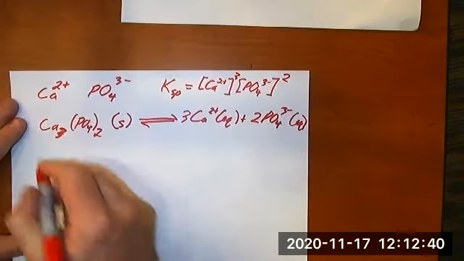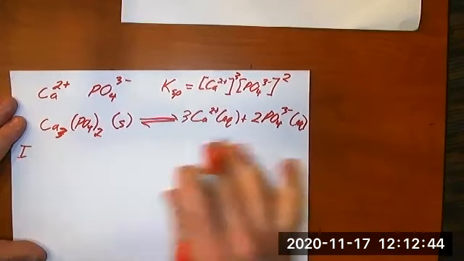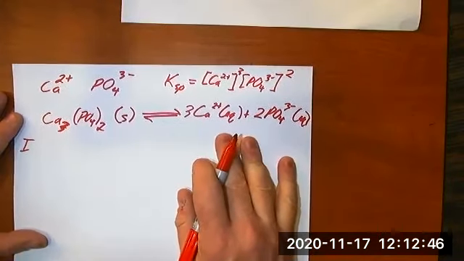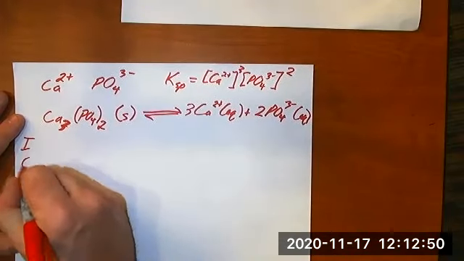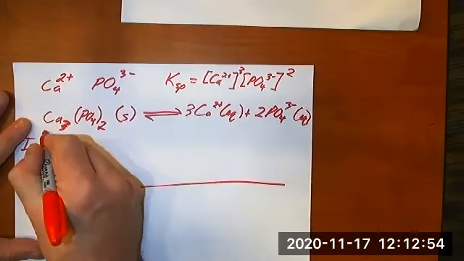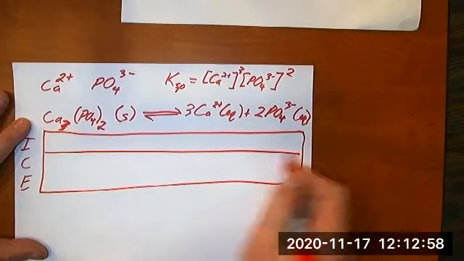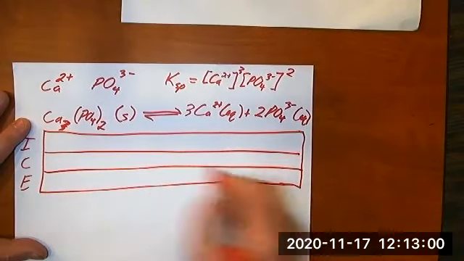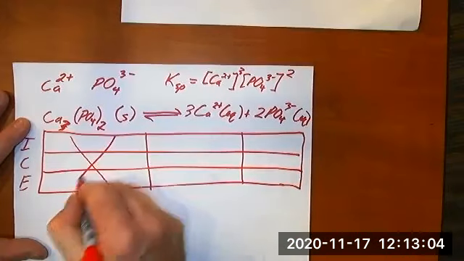Now, if we imagine dissolving this compound in water, and we are starting out without any calcium or phosphate initially dissolved into the water, we do this using an ice table. For this kind of problem, once you get some practice, you might be able to bypass using the ice table.